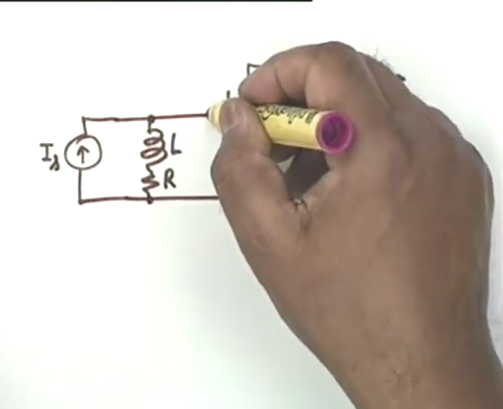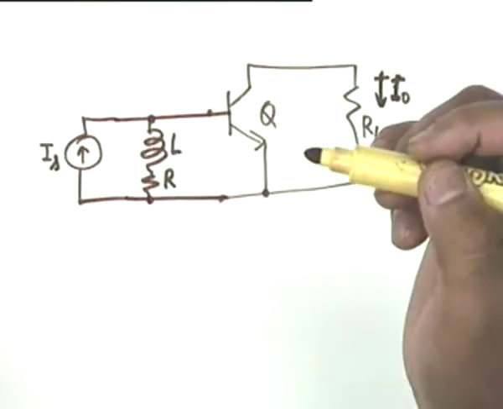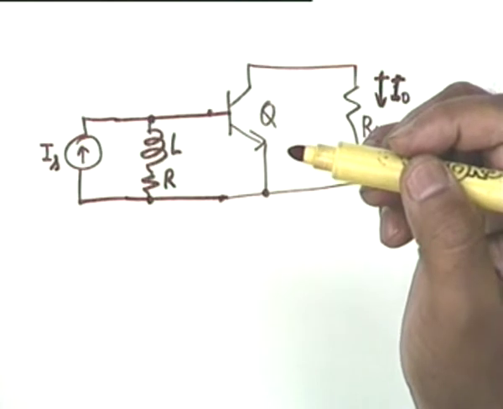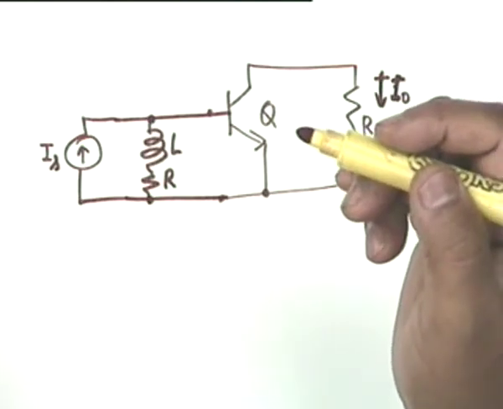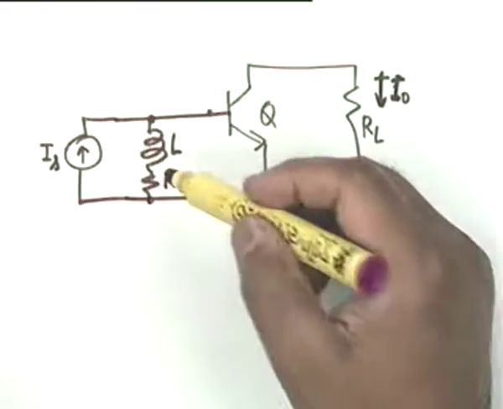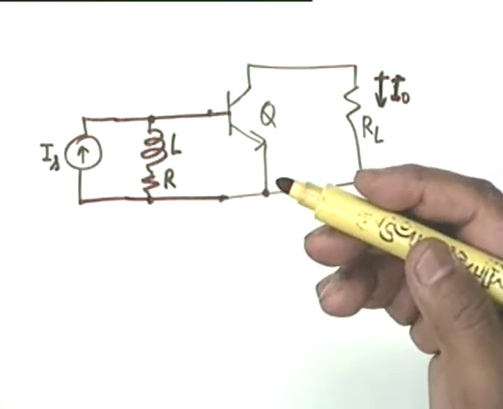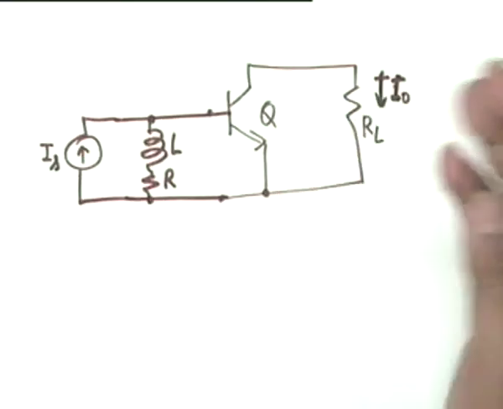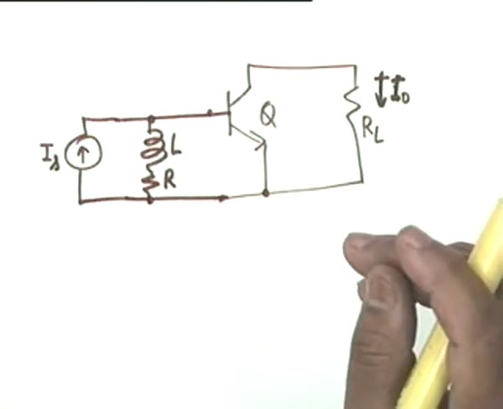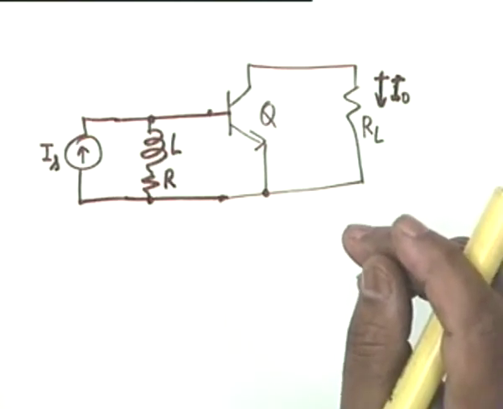What is the effective impedance between these 2 points? R pi and CT. Isn't that right? And if we connect an inductance, obviously what we are trying to do is to make a kind of a parallel resonance circuit. That is, we are trying to annul the effect of Miller capacitance by using an inductance in parallel.